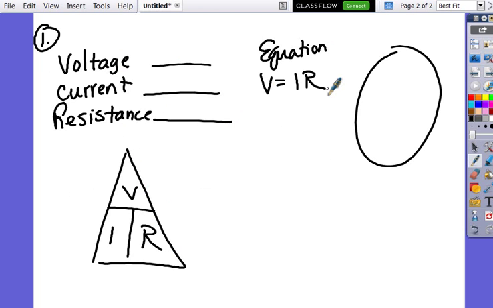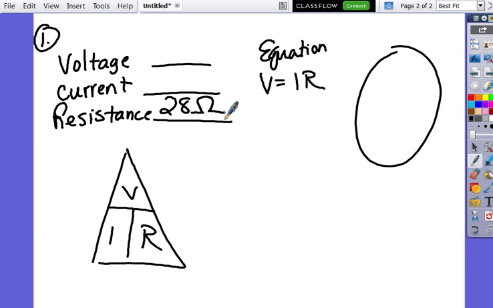So where does that go? What is that? My resistance, right? 28 goes here. 28 ohms, right?